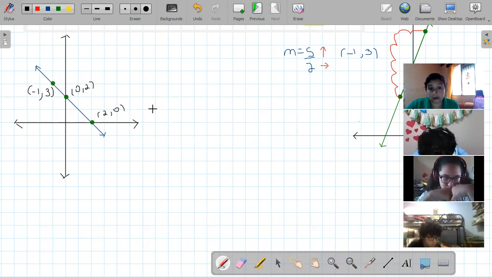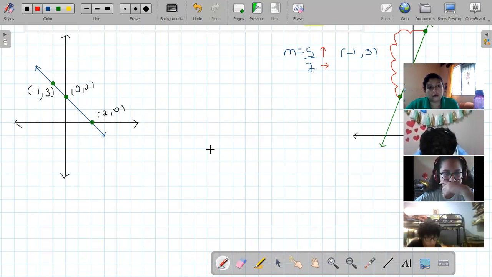You can choose whichever 2 points you want. I want to use this point and this point. Okay? These 2 points. So I'm going to find the slope. I can go from this point to this one, or from this one up. It doesn't matter.